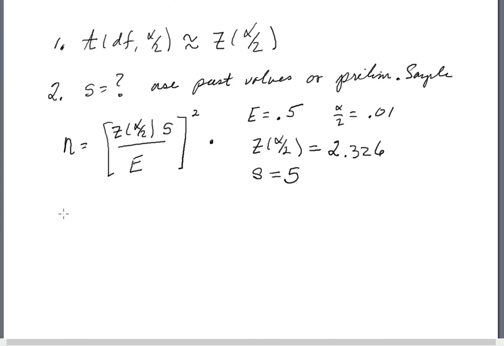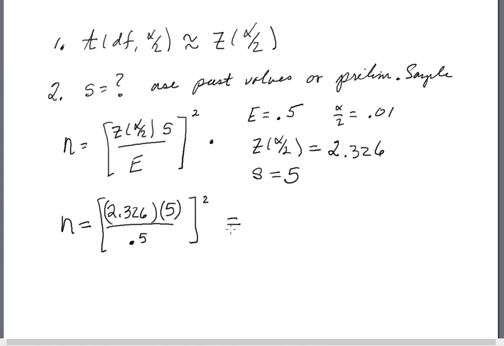And we would say n is equal to z alpha by 2, that would be 2.326, times 5, that would be S, divided by E, 0.5, and then that result we've got to square.